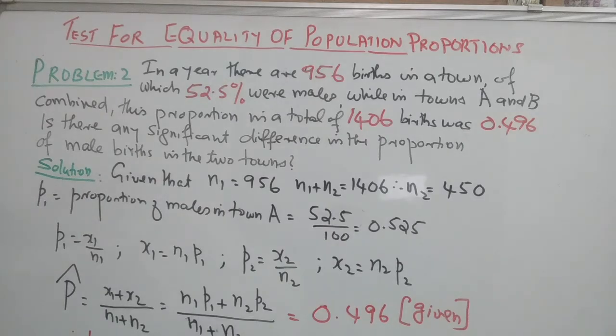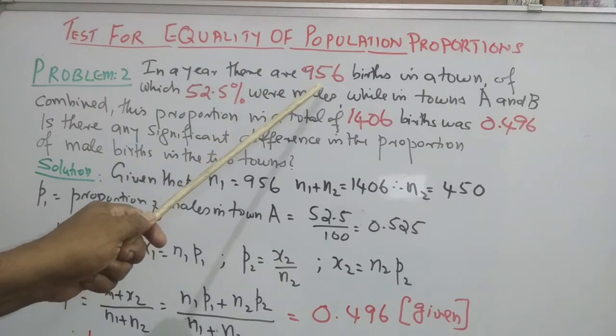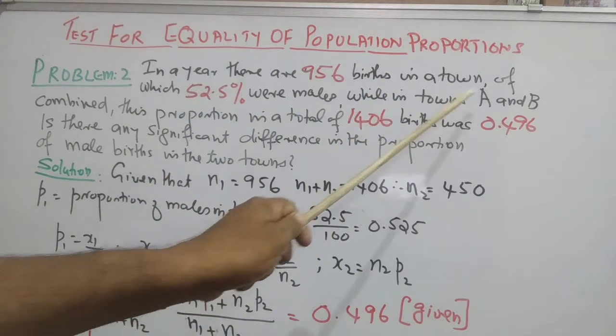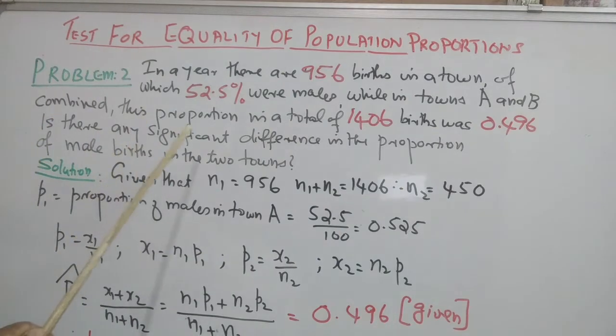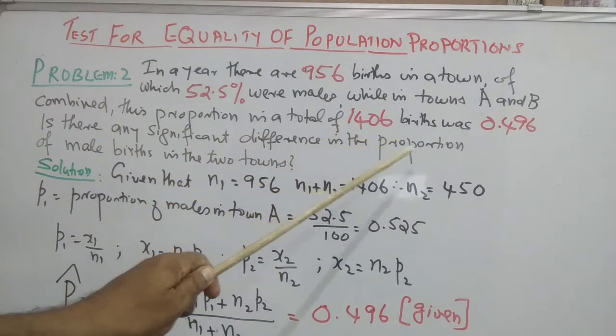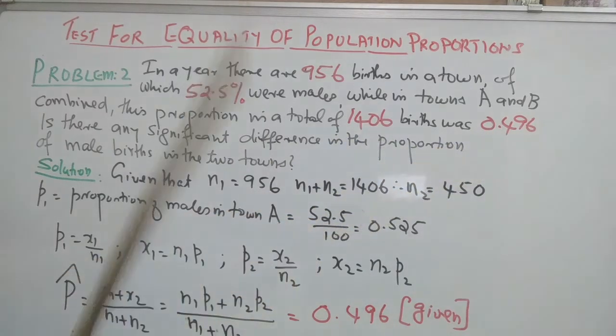Another problem is given. In a year, there are 956 births in a town, of which 52.5% were males. While in towns A and B combined, this proportion in a total of 1406 births was 0.496.